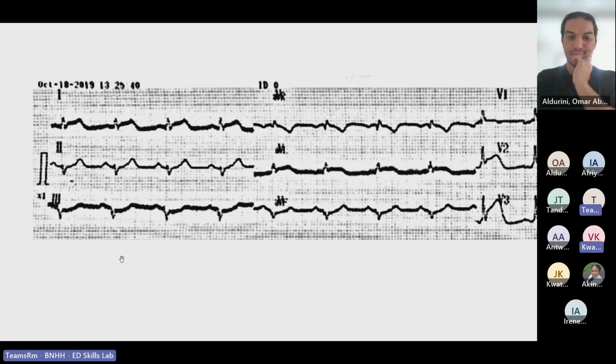In lead 1, I'm not really seeing a significant elevation, unless you are seeing something I can't see.